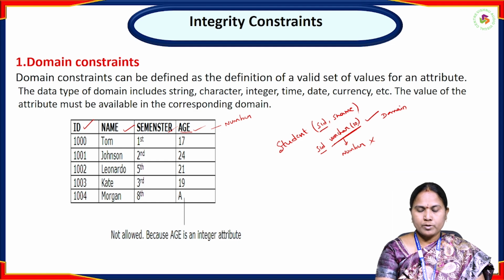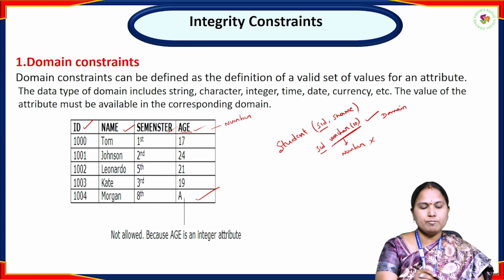Integer or number data types are the same. Instead of that, if you enter a character data type, A is a character, these values are not acceptable. Whatever values we insert into this column, only number or integer data types are acceptable. Anything else is rejected because of one constraint.